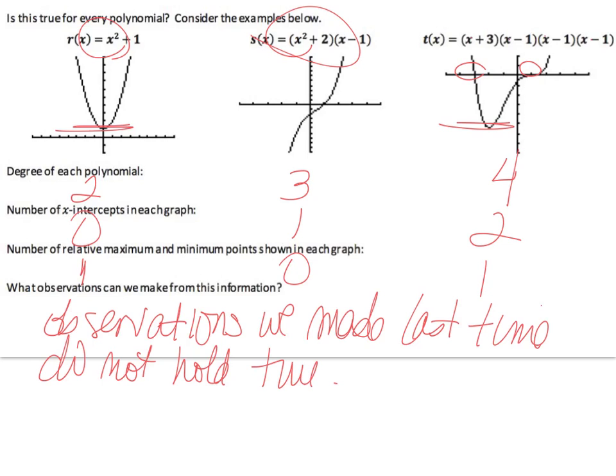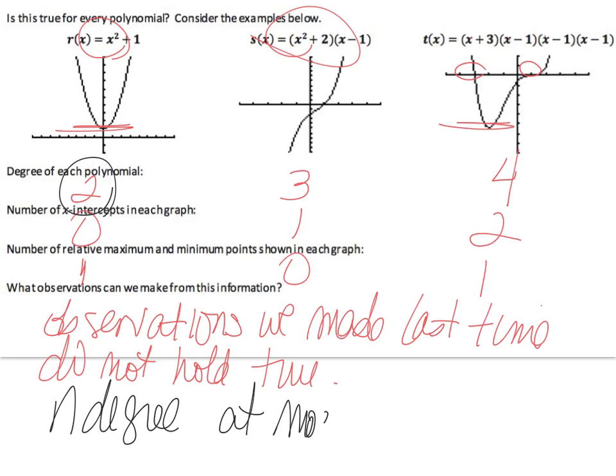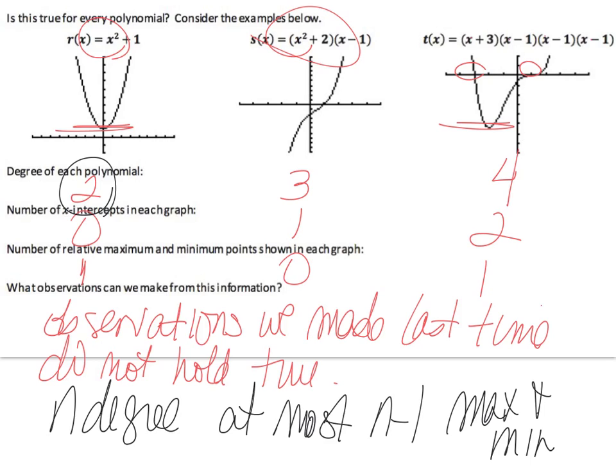So where are we at with degree? From the degree of the polynomial function, the relative number of maximum and minimum. So basically we can say for n degree, we will have at most n minus 1 maximum and minimum.